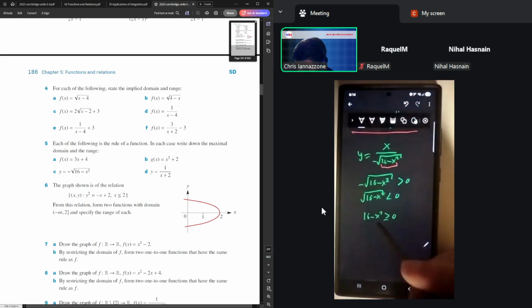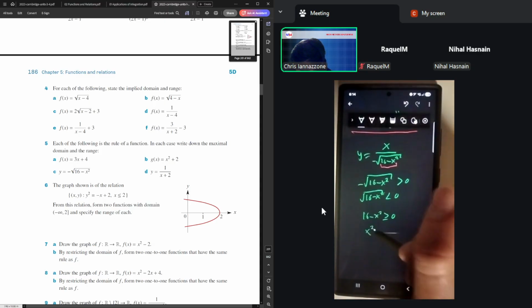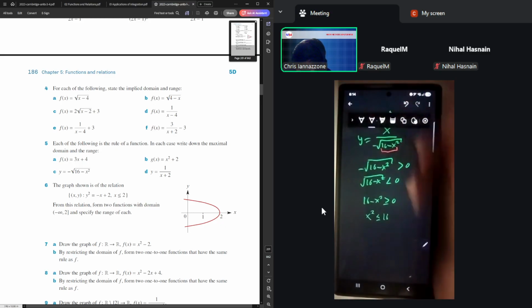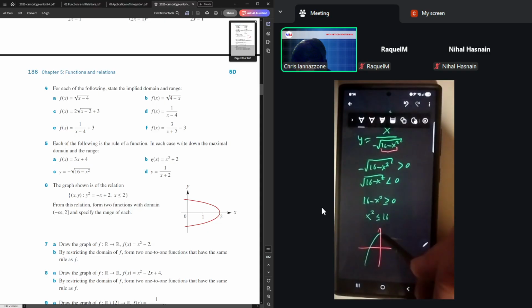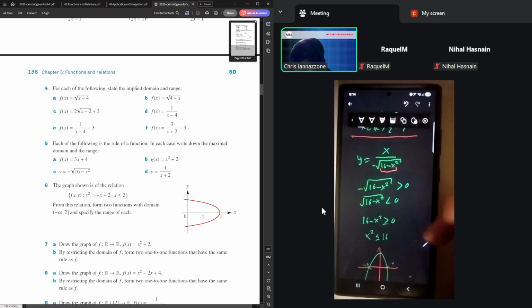So let's give that a shot, which was just this bit here, right? This is going to be x squared less than or equal to 16, which is going to be between plus minus 4. So if we do our sketch, 16 up, 4 and minus 4. What we're trying to do here, we want it to be positive.